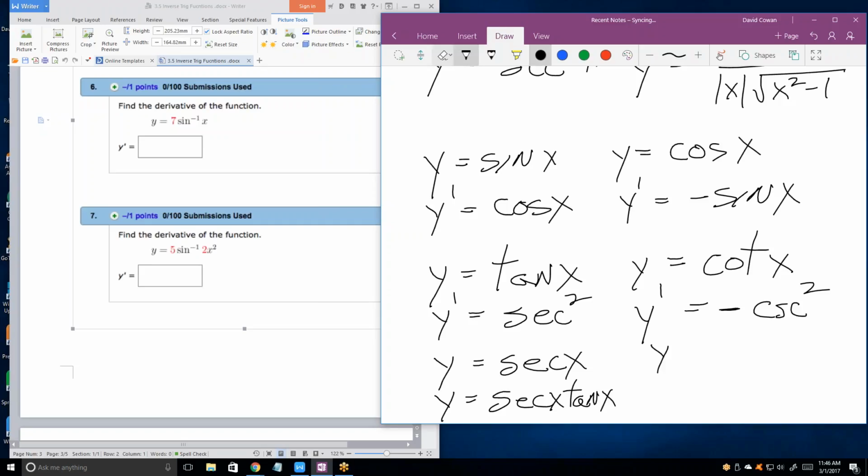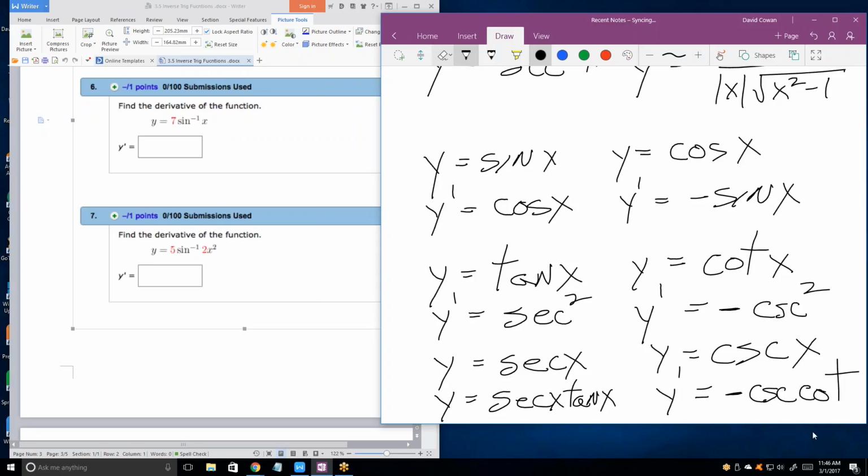So if I'm looking at the cofunction of secant, which is cosecant, and I want to know what the derivative of cosecant is, as long as I know what the cofunctions of each of these are, I've got my answer. In other words, it has to be, first of all, minus, and it's cosecant times cotangent.